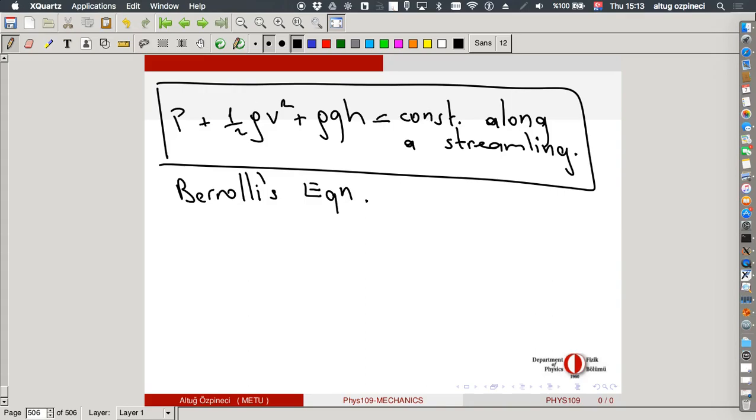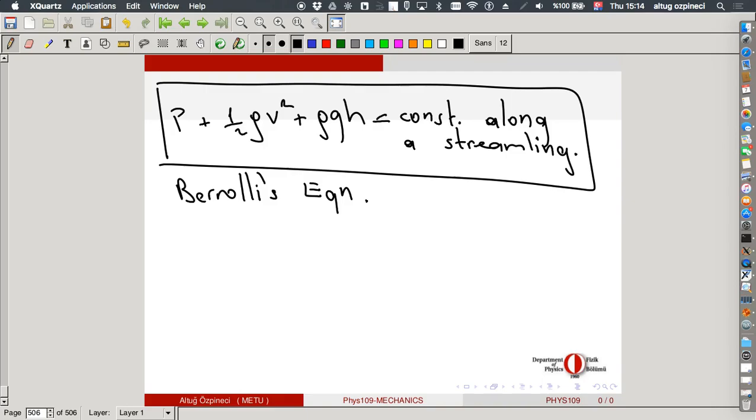Now let's see, does it explain this phenomenon? Initially we have the plates, they are vertical. If I flow in between, they move together. How can we understand this from this equation? Well, the flow is horizontal, so H doesn't change. H is constant.